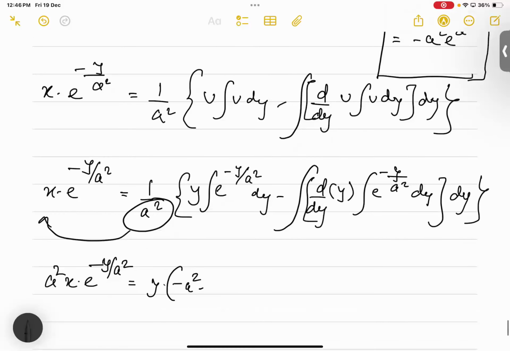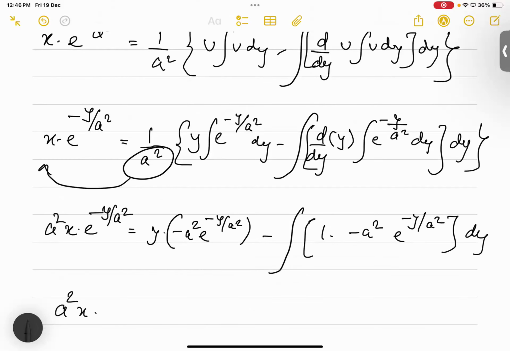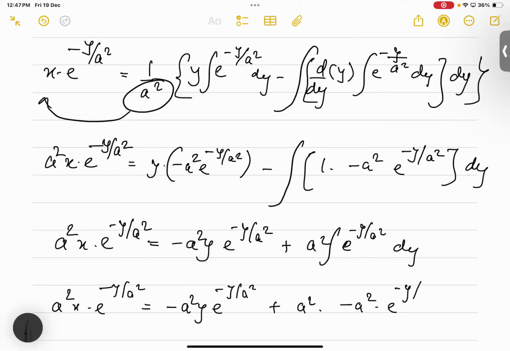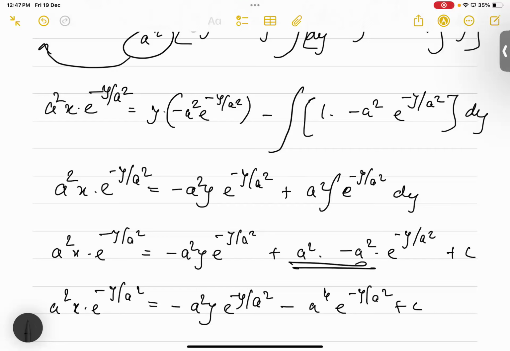A minus term came, and I quickly put a bracket. A square into a square is a raised to 4, plus minus is minus.